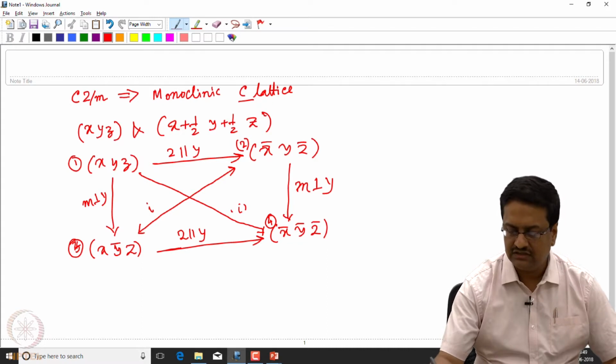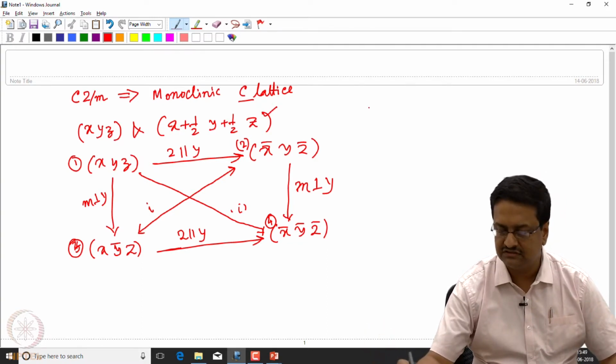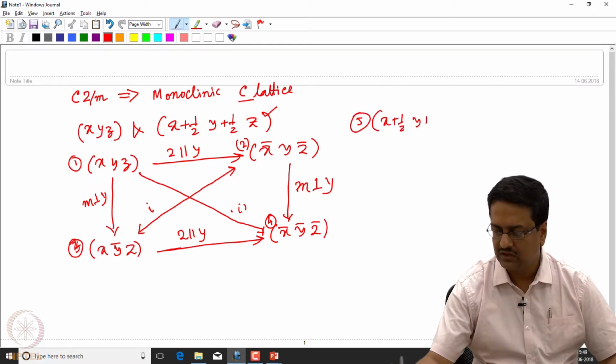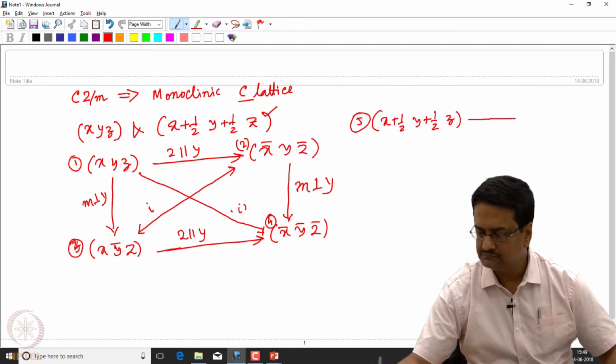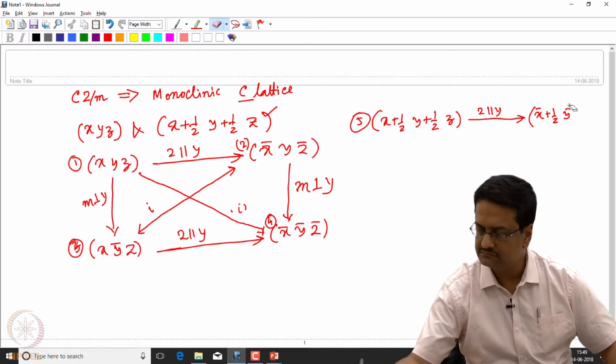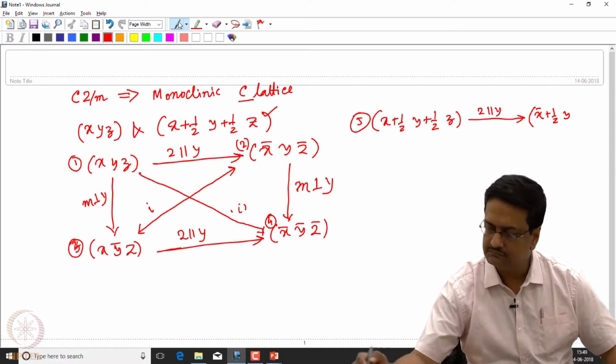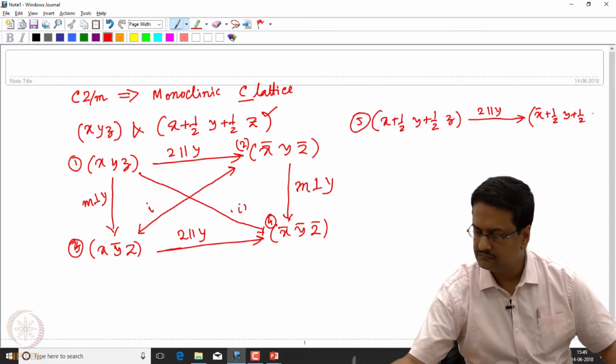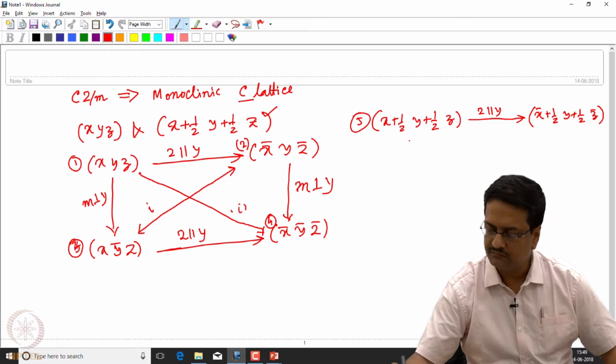Now we start with this fourth point, which is fifth point, which is x plus half, y plus half, z. We do a twofold parallel to y, we should get x bar plus half, y plus half, z bar.